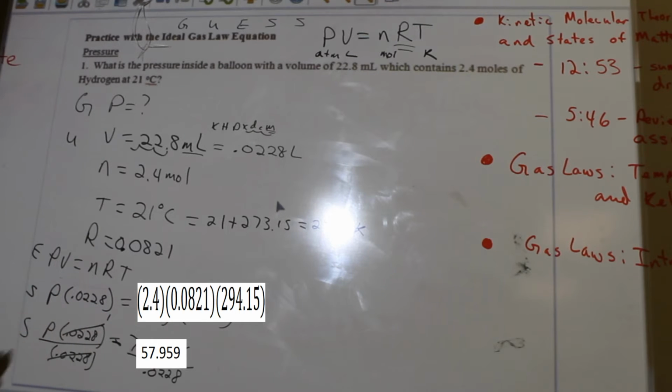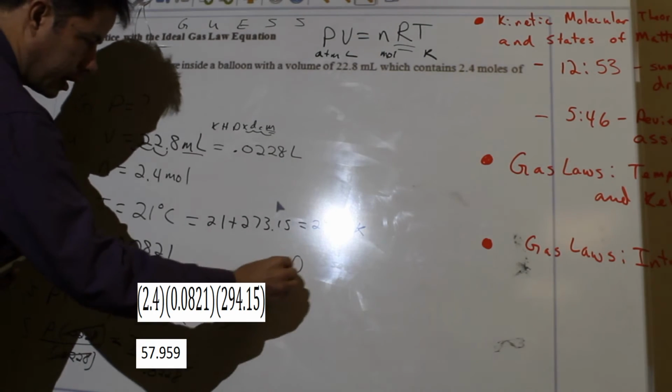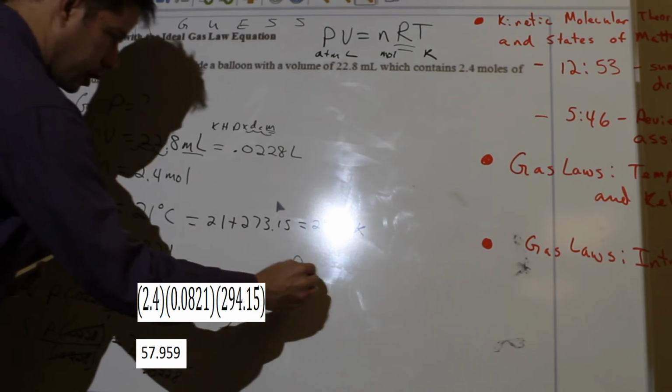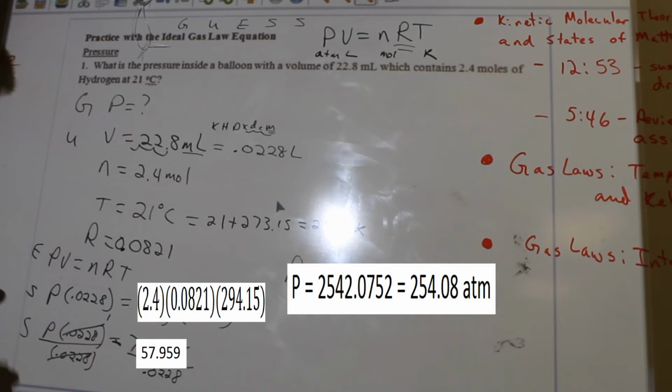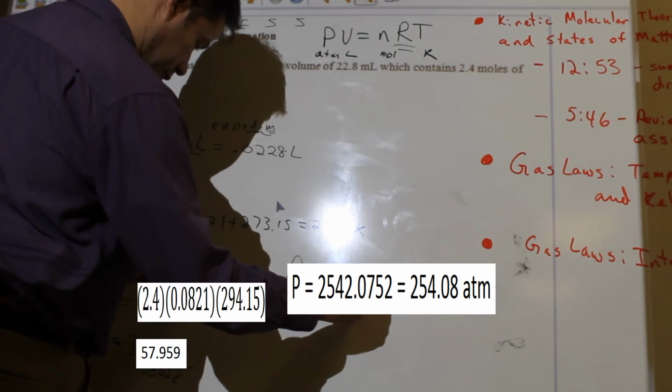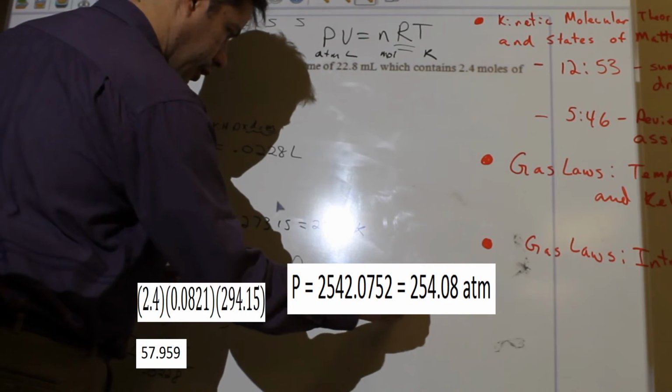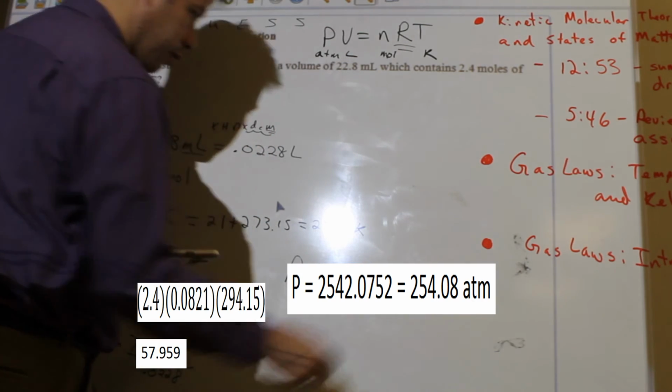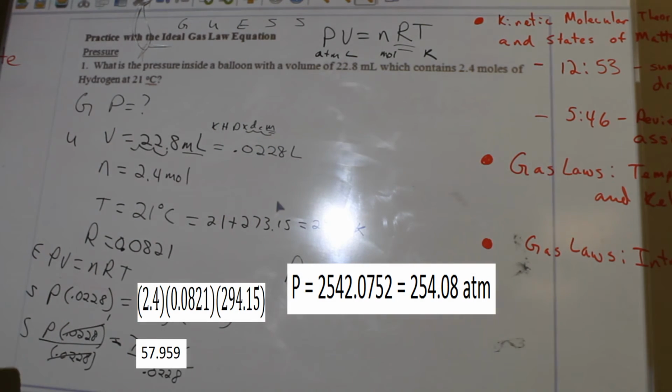And then 1 times P is P, which equals 705.96 divided by 0.0228, which equals 30,963 atmospheres. Okay? Super, super, super high pressure.